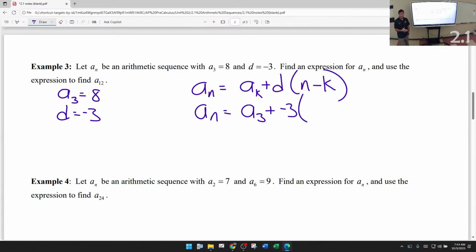We're not plugging in anything for n because I'm looking for a sub n. So if that's an n, this is going to be an n. I'm just plugging and chugging exactly what the variables say. This n and this n are the same thing. This k and this k are the same thing. And the D, of course, they gave me. So I'm just plugging stuff in: n minus, and the k was the 3.